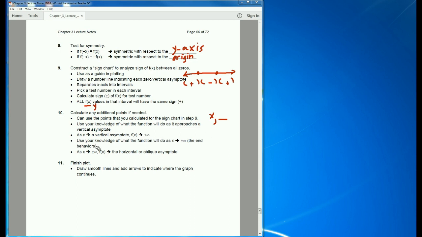And in general, just use your knowledge of what is going to happen as x approaches a vertical asymptote. Use your knowledge of what the function is going to do as x gets very large or very negative. And then when you think you have enough information, basically just finish off the plot by drawing smooth lines, adding arrows.